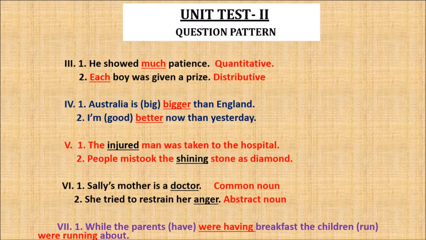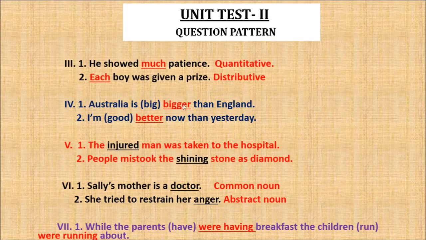Okay guys, if it is positive, the adjective remains the same. Big remains big. Australia is big. We are not comparing with anyone. When we are comparing Australia with England, two countries given here, big becomes bigger, so er will be added.